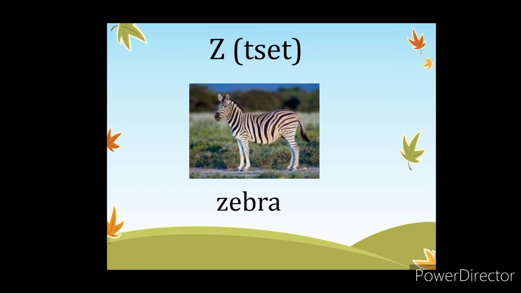Now we have some additional 4 letters in German alphabets which are known as umlauts. So these letters have 2 dots above them.